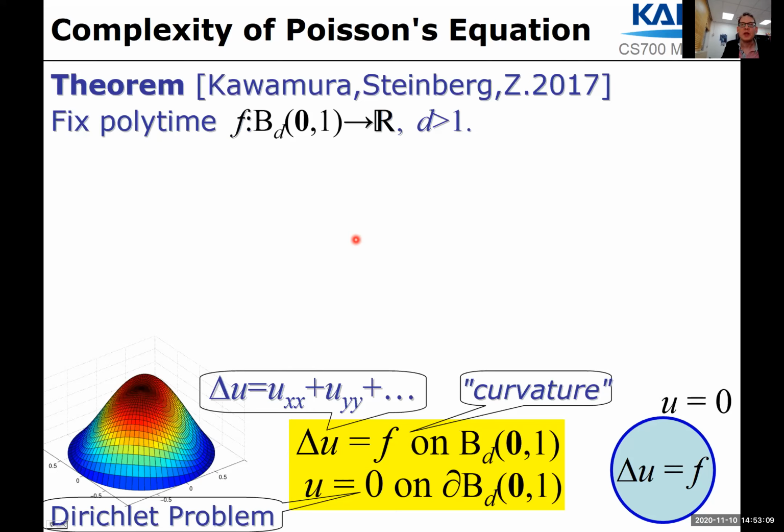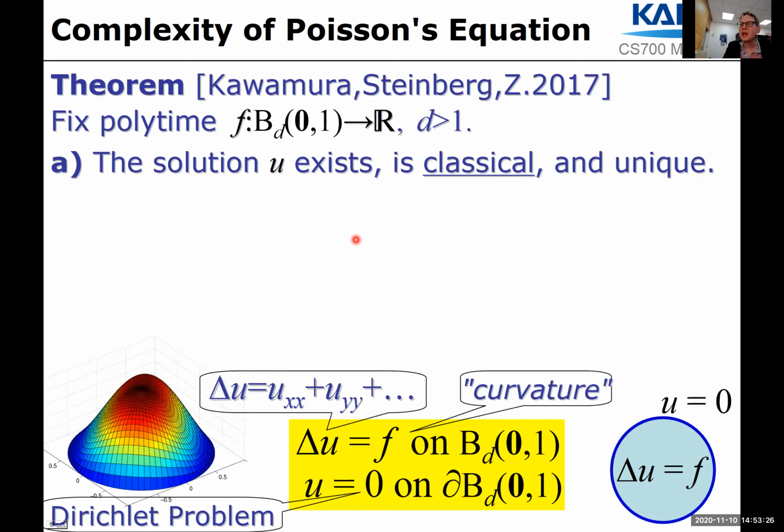He proved that as long as the right-hand side function is not just continuous but polynomial time computable, we know that the right-hand side has a polynomial modulus of continuity, and this is sufficient to guarantee a classical solution. This is sufficient to make Petrini's counterexample vanish.